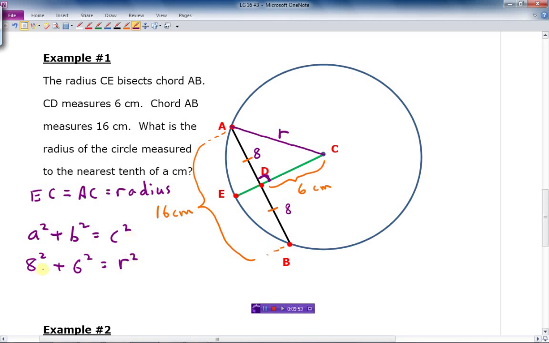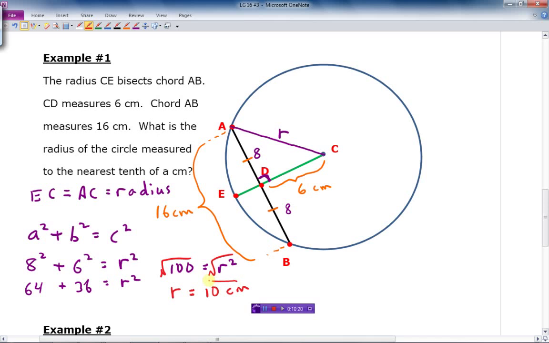So I'm going to get 64 plus 36 equals R squared. Add those together and it gives me 100 equals R squared. How do I find R? Well, I find R by taking the square root of both sides. And again, I'm going to switch these. So R equals 10 centimeters.